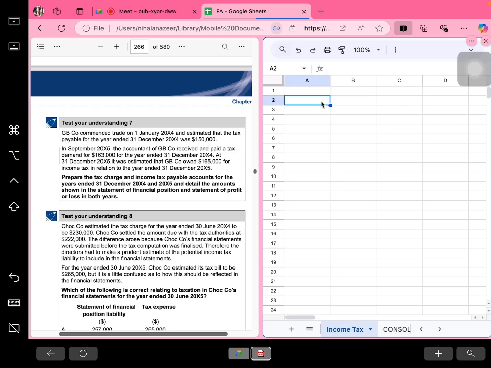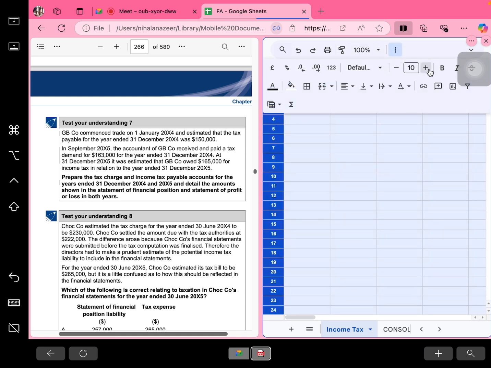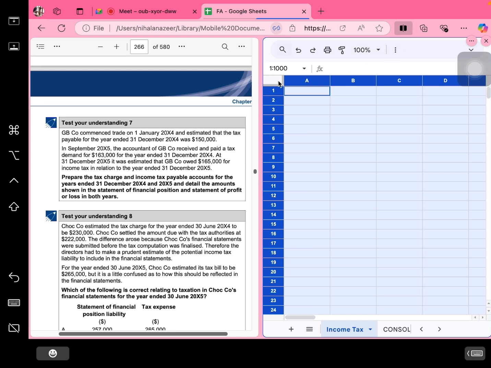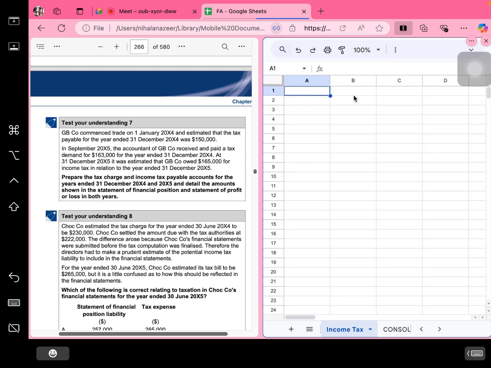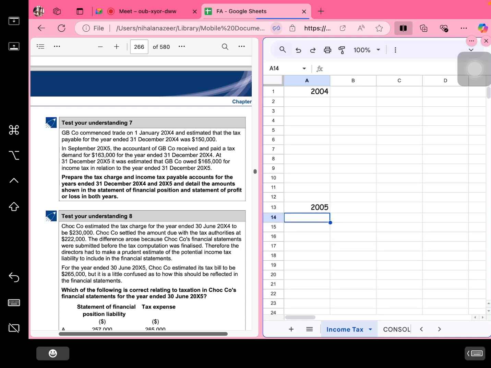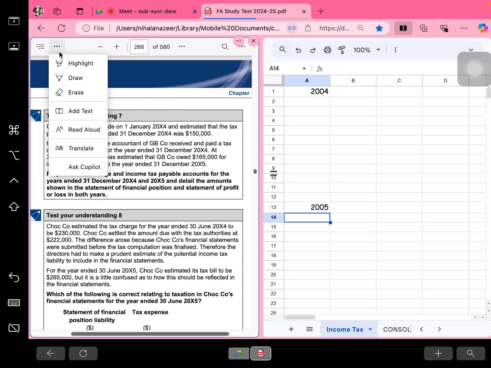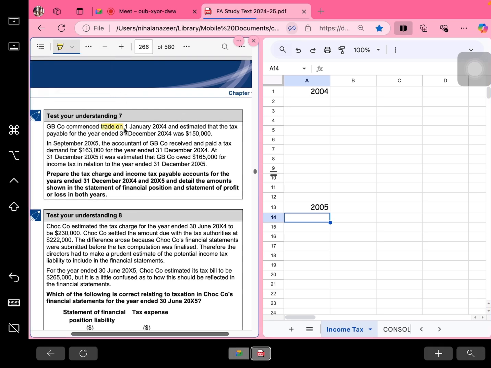Income tax. So what we do here is, they have told us to calculate for 2004, and they have told us for 2005 as well, right? See what happened. The trade was commenced on 1st January 2004, clear?